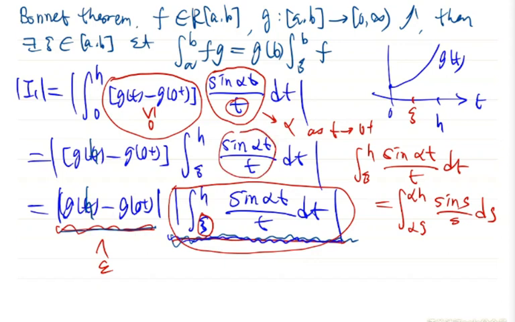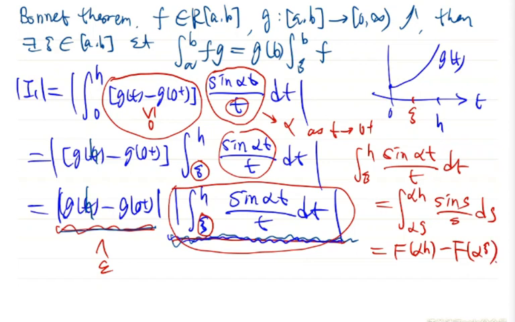So applying the Bonnet theorem, the resulting c might depend on alpha. If c is independent of alpha, this is an easy problem, but c might depend on alpha, so we need to be more careful. But this is precisely F(αh) minus F(αc).